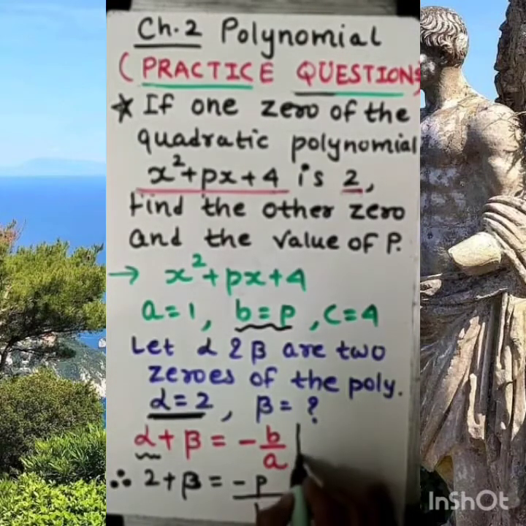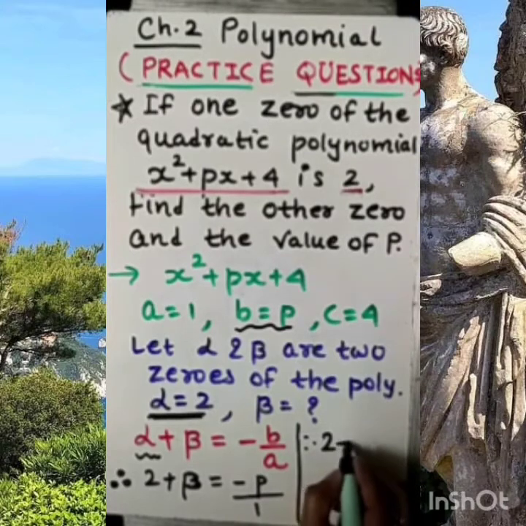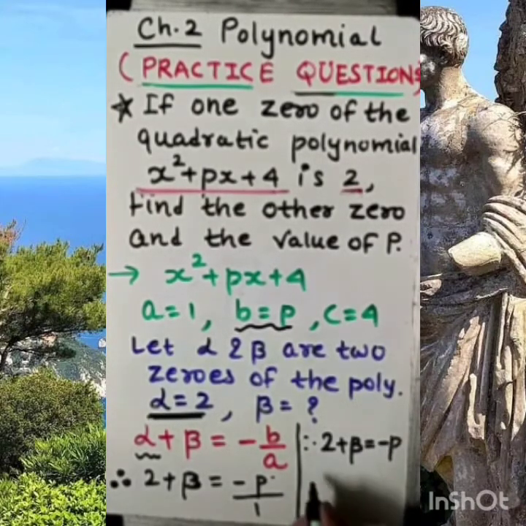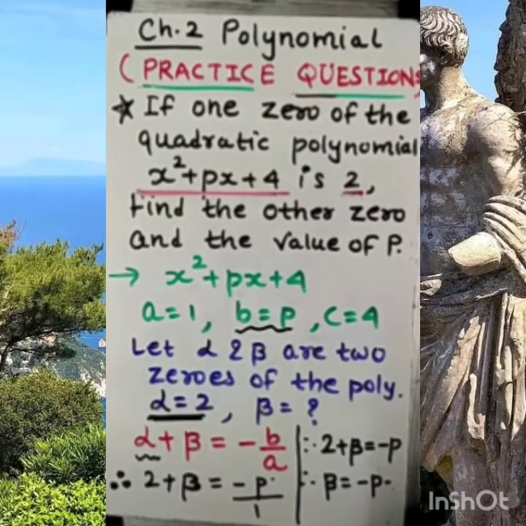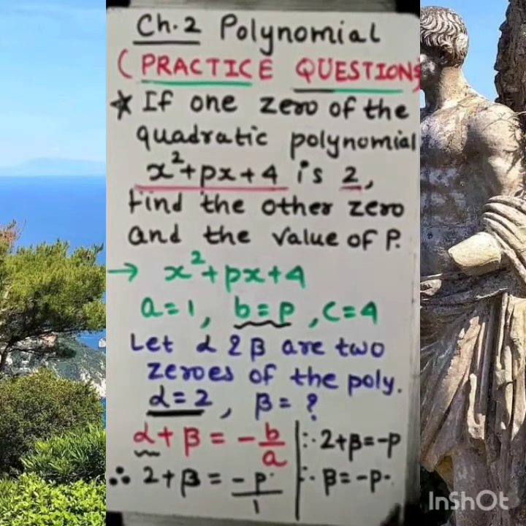So next step, I am writing here. The next step will be 2 plus beta equal to minus p. Therefore, beta equal to minus p minus 2. So my dear student, the value of beta will be minus p minus 2. This is a very important result.